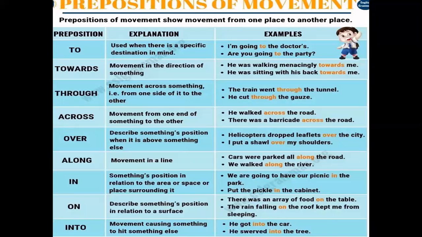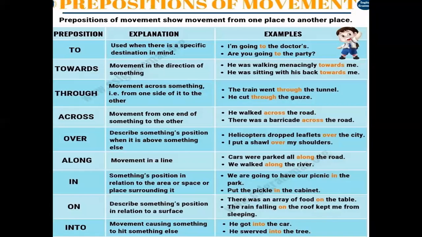The difference is that here the tunnel is stable. It is not moving, but the movement is only of the train. So when this is the case, you are not going to use across. You will only use through.